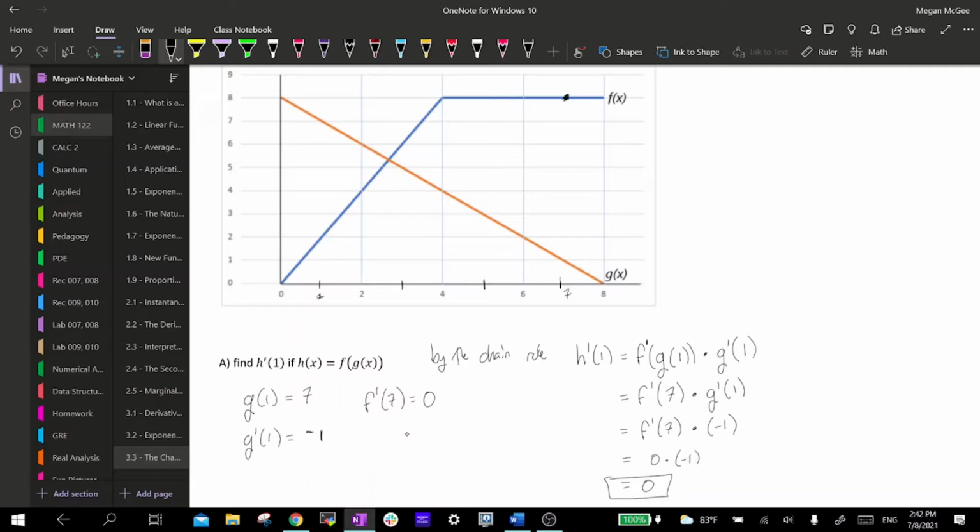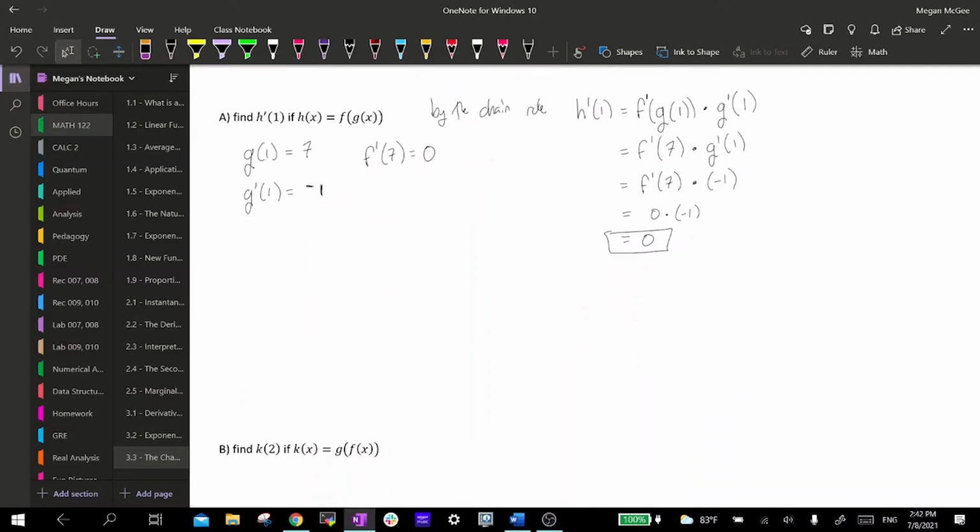So part B gives us another one and asks us to find k of 2. This time our composition is g of f of x. So we need k prime of 2.